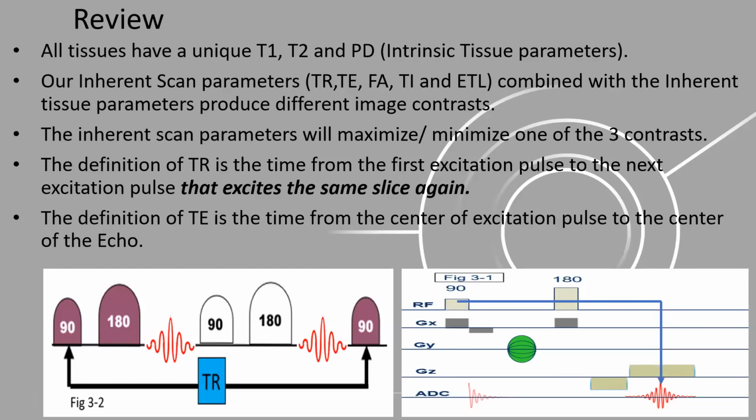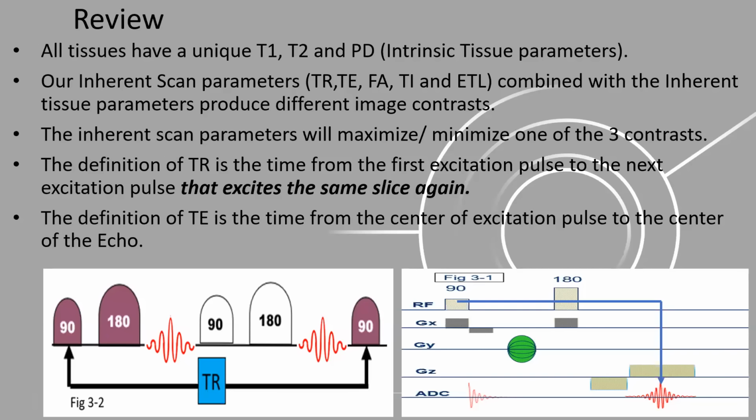All right, so let's review. All tissues have a unique T1, T2, and proton density. Our inherent scan parameters, TR, TE, flip angle, etc., when they're applied to the tissues' inherent tissue parameters, are going to get different contrasts. T1, T2, and proton density are going to be made more apparent with our selective TRs and TEs.